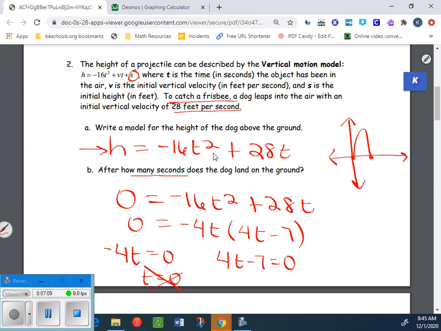So this is going to be my actual correct answer. So I'm going to have 4t equals 7. So t equals 7 fourths, or if I want to look at it this way, 1.75 seconds. That's when he's going to hit the ground, because 7 fourths is 1 3/4. So 1.75 seconds later, he's going to catch that frisbee and hit the ground. That's a pretty quick jump.